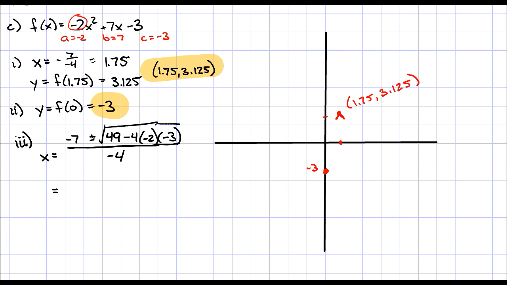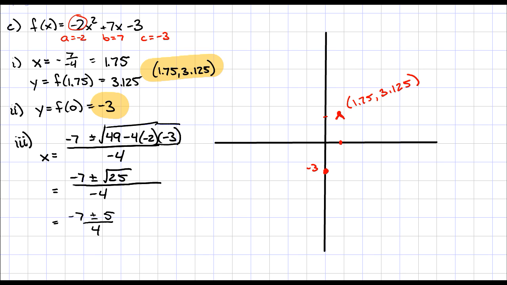Simplifying the stuff under the square root, I get minus 7 plus or minus, I believe that's going to be 49 minus 24, so the square root of 25, divided by 4, or negative 7 plus or minus 5 over 4.